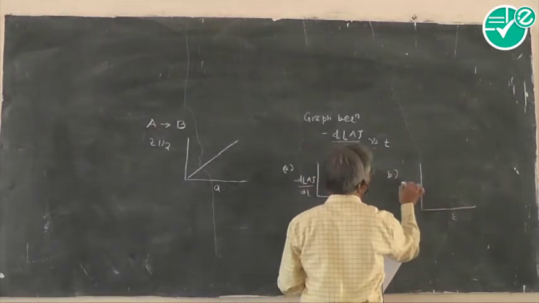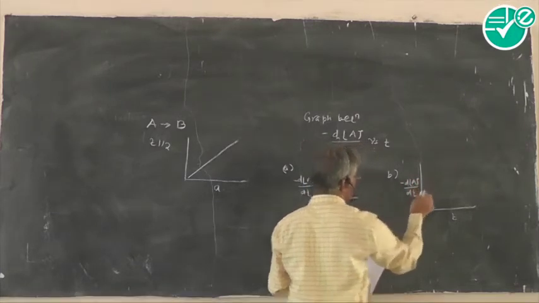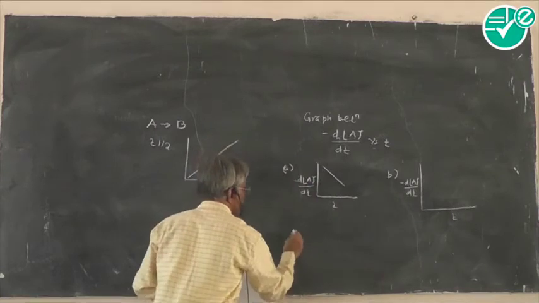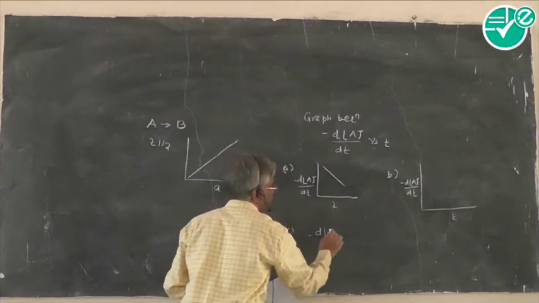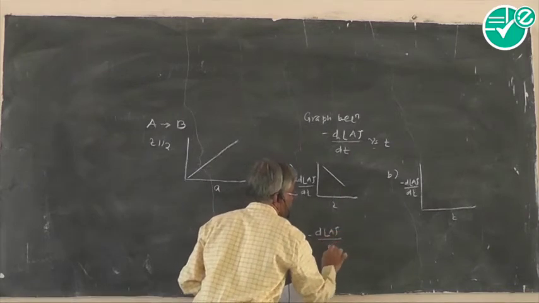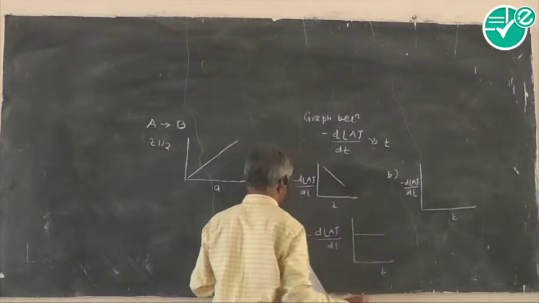T versus minus d[A]/dt here. The third alternative, minus the rate of change of concentration of A with respect to time, has this nature of graph.